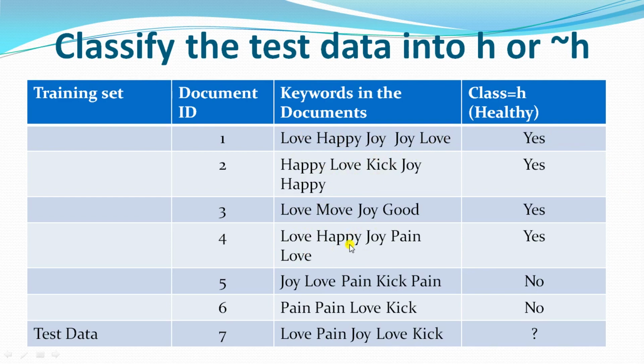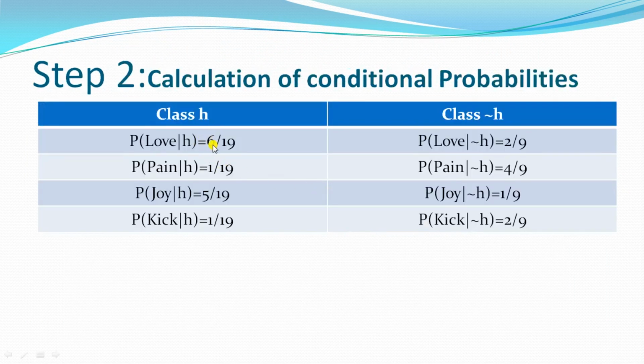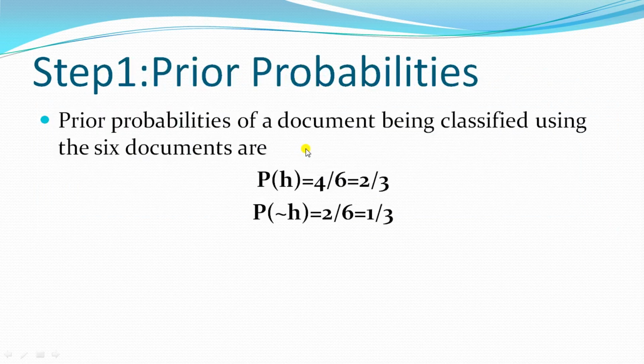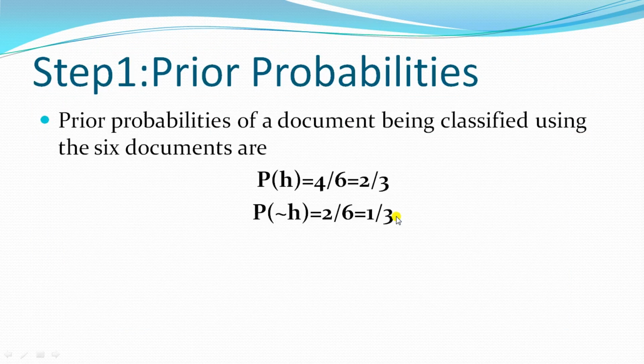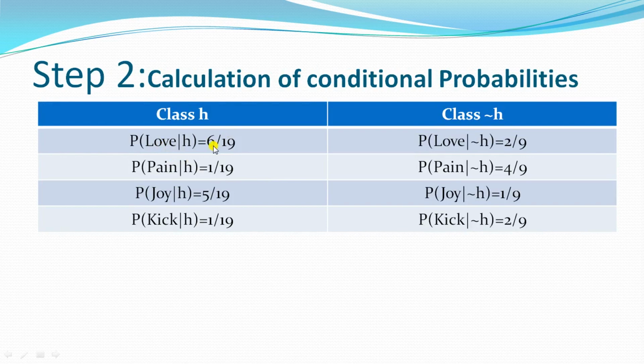So that becomes 6 out of 19. Why 19? Counting the number of terms in class H: 1, 2, 3, up to 19. So 19 terms are there in this class, and of that 19, 6 are love. That's why the probability of love is 6 by 19.